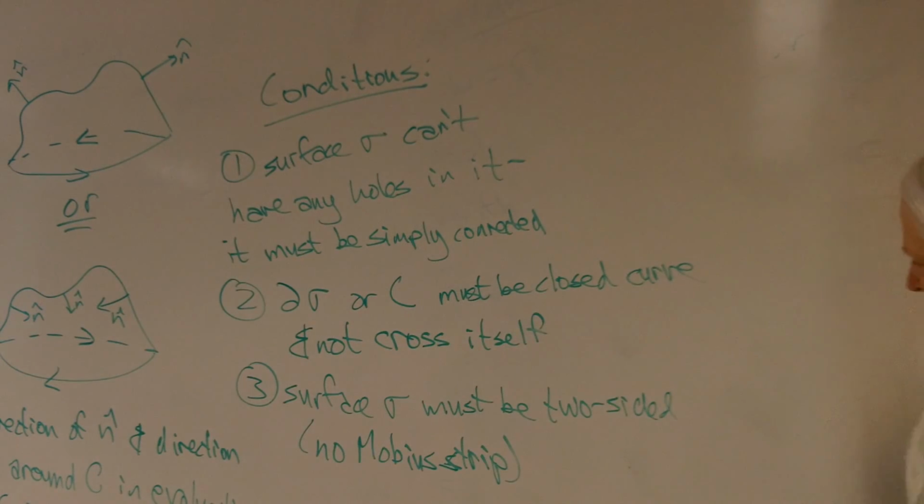Just in case you don't know what it is, if I take a piece of paper and I join these two ends together, but I twist one like this first and then glue these together, this is a Mobius strip. This is not a two-sided surface. This is only a one-sided surface. Because let's take this pen and let me start drawing along this surface like this.